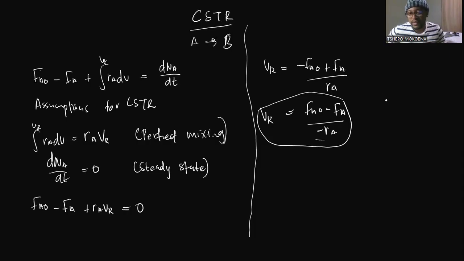So for an example, let's say it's first order. Our negative RA, introducing the rate law, will be equal to k multiplied by CA, right? So the moment we introduce the concentration, we're going to have to substitute it at the top.